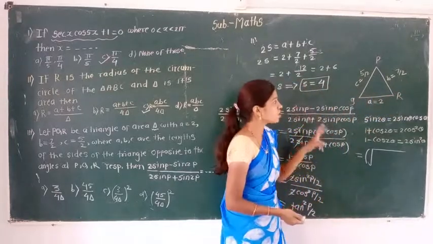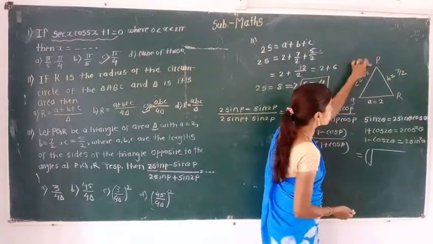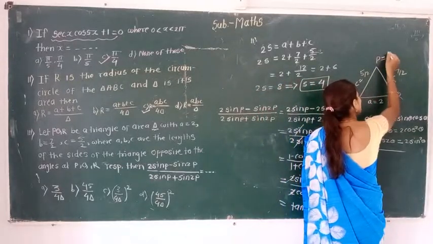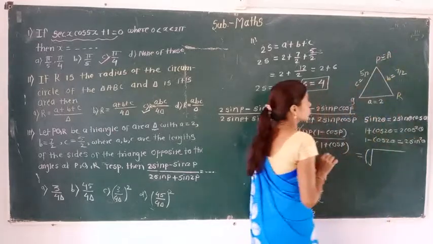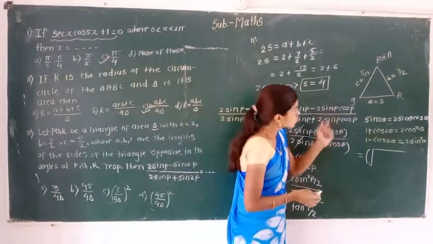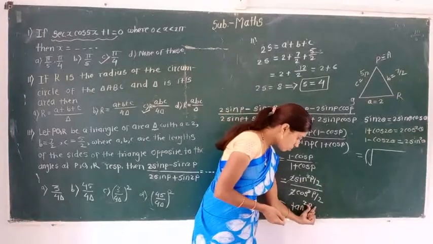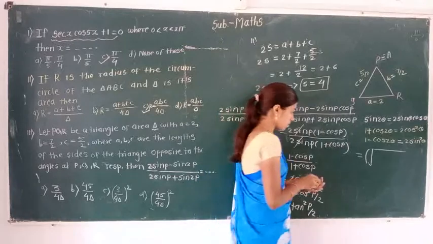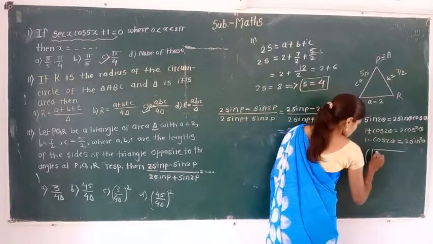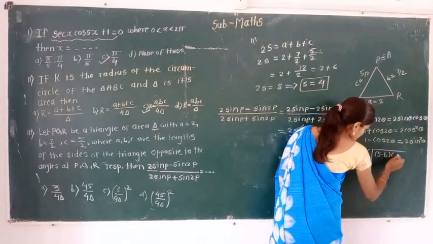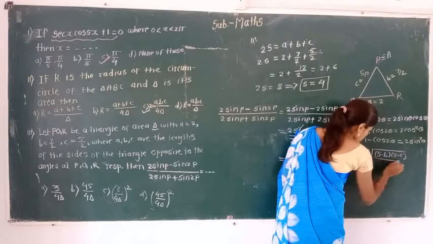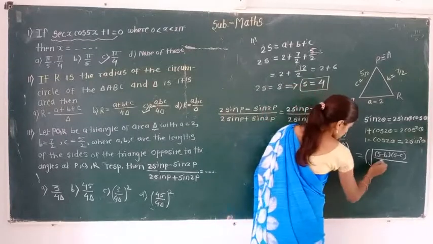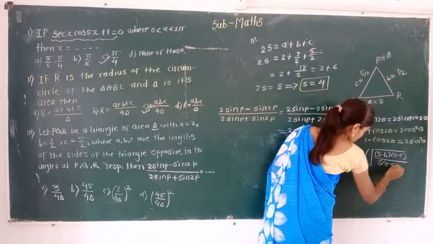But here the triangle is PQR, so P is also considered as angle A. Now use the formula for tan A by 2: square root of (S minus B) into (S minus C) whole term divided by S in bracket (S minus A).